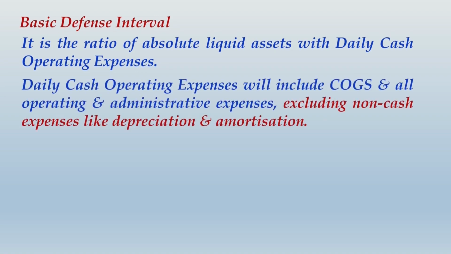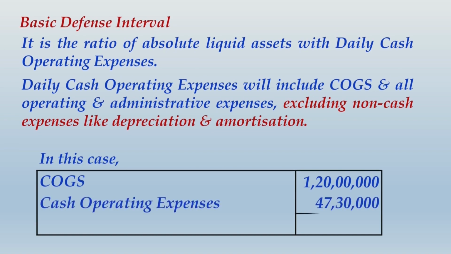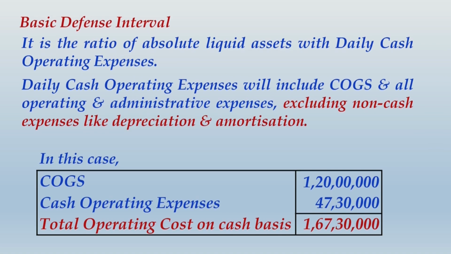Daily cash operating expenses will include cost of goods sold and all other operating and administrative expenses, excluding non-cash expenses like depreciation and amortization. In this case, your cost of goods sold is 1 crore 20 lakhs and cash operating expenses are 47 lakh 30,000. So your total operating cost on a cash basis for the entire year will be 1 crore 67 lakh 30,000.